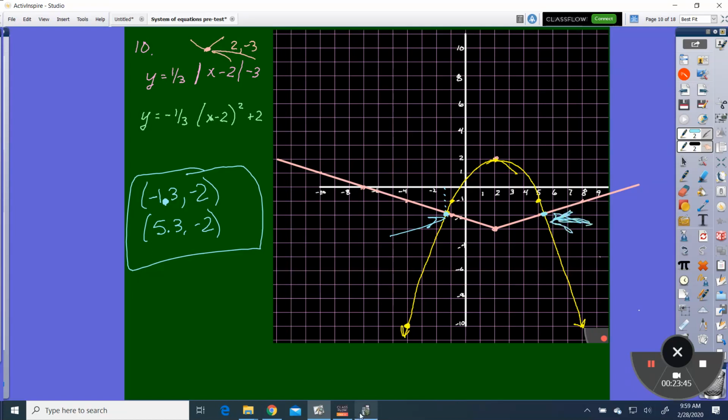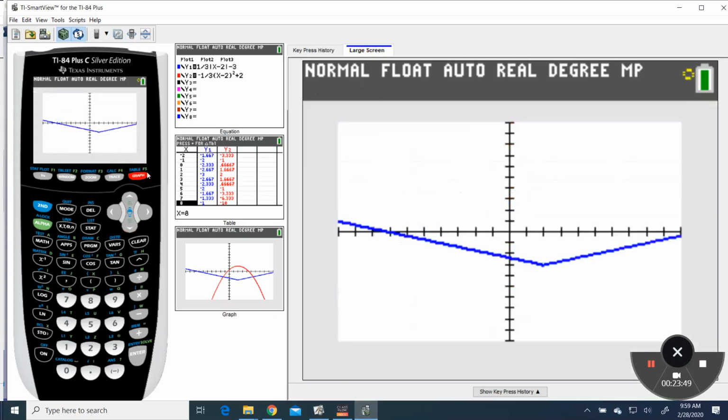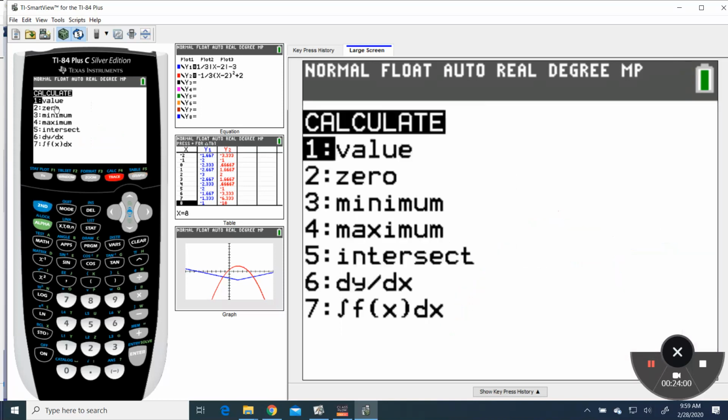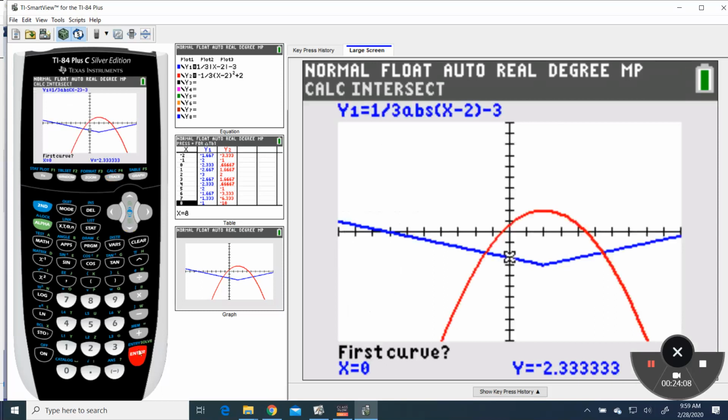You could find them exactly on your calculator. If I go to my graph, once it gets done, I go second trace, and it's the calculate menu. I go intersect. So first curve is the blue one.